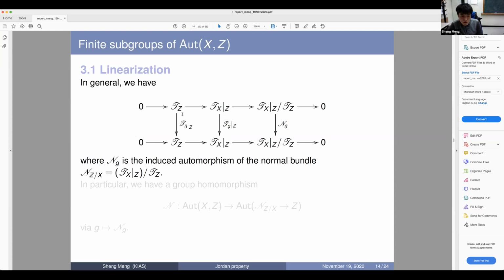And we can consider the induced tangent map. Then we get a natural normal map from the automorphisms of X fixing Z to the automorphisms of the normal bundle, from this commutative diagram.